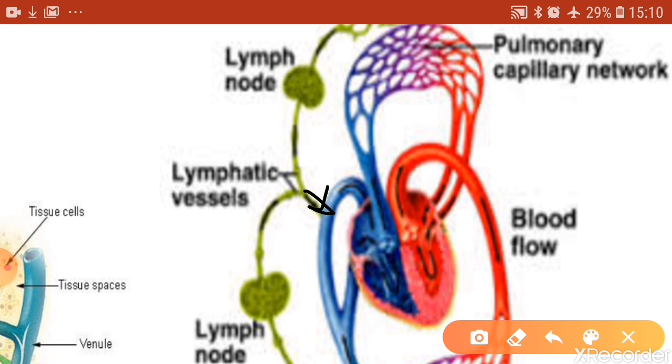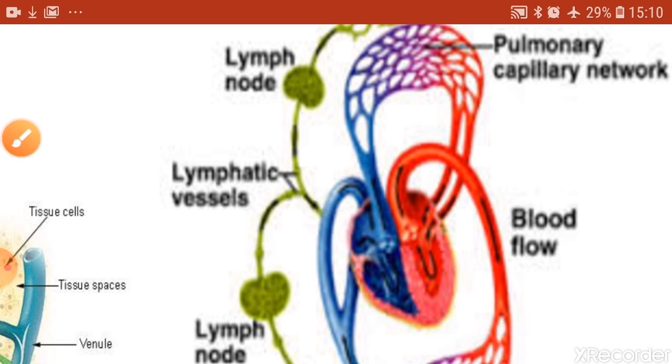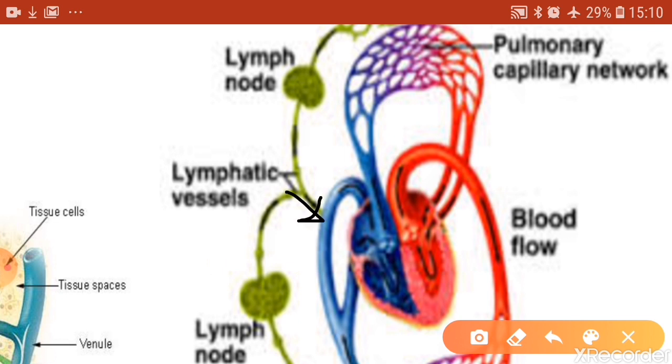On the right side of the heart, there is a major vein, and all the lymph vessels which carry the lymph finally join this major vein, which is called the subclavian vein.